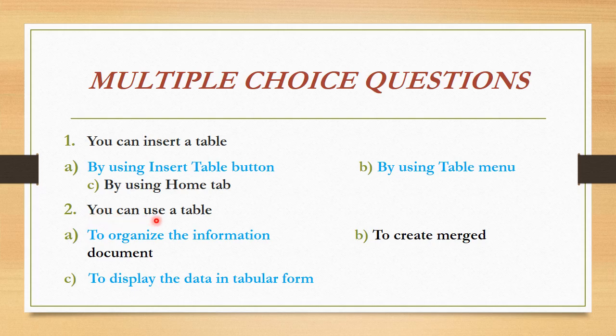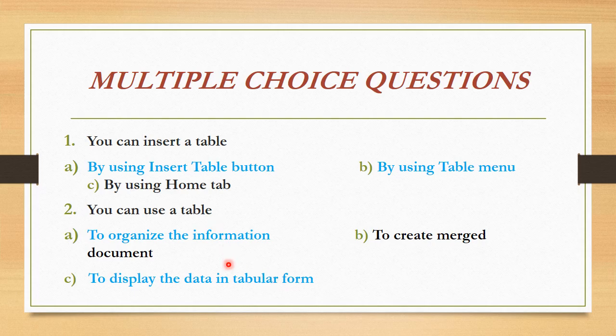Next question, you can use a table. You can use a table to organize the information, to create a merged document, and third option, to display the data in tabular form. So we can use a table to organize the information and also to display the data in tabular form.